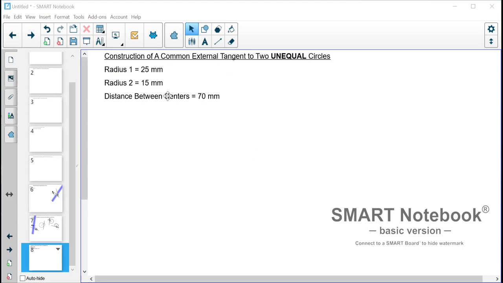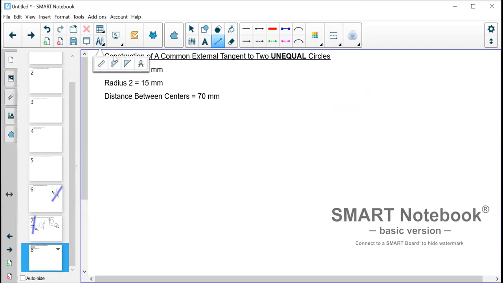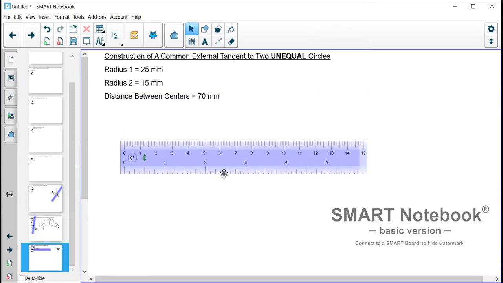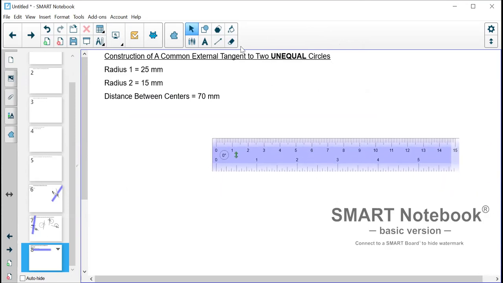The first thing we have to do is obtain our two circles. Of course, we have to know exactly where these two circles will be drawn. So the easiest thing to do will be to draw a line using the distance between the centers.